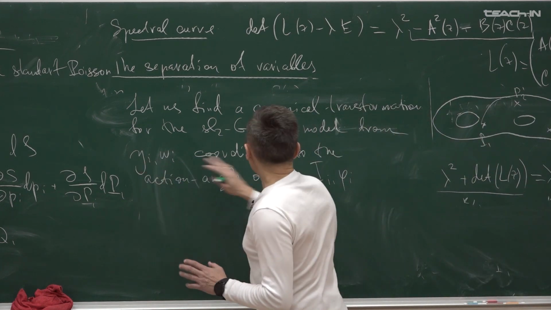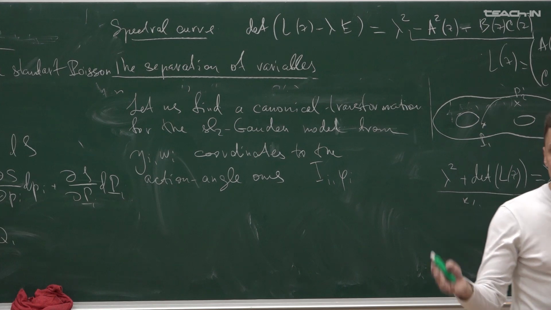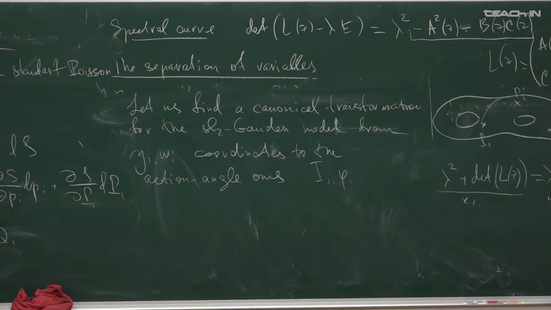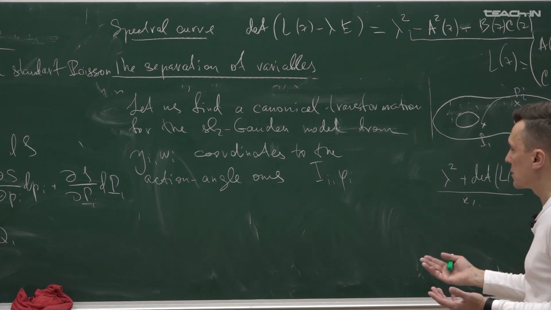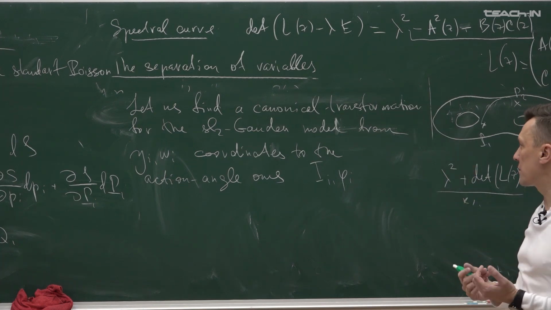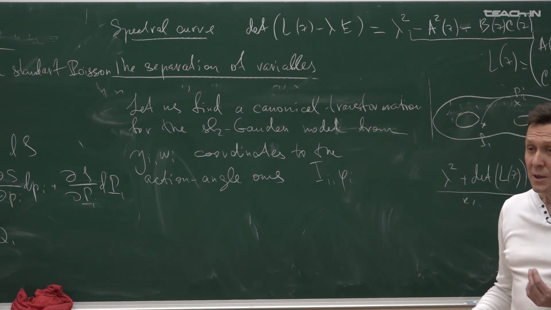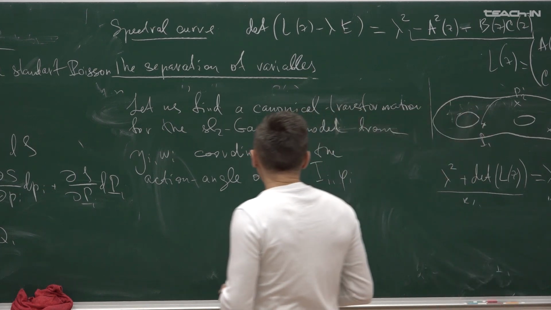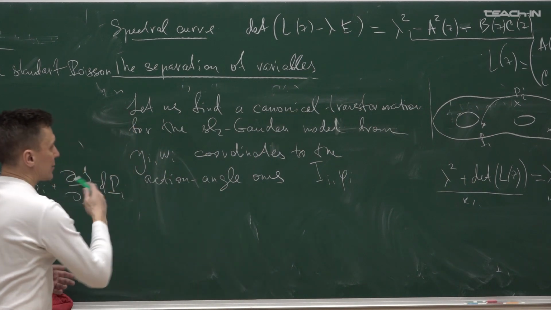So you see, both of these coordinates are canonical coordinates on the Poisson manifold. So we can ask ourselves to find the canonical transformation, the generating function which describes this transformation.